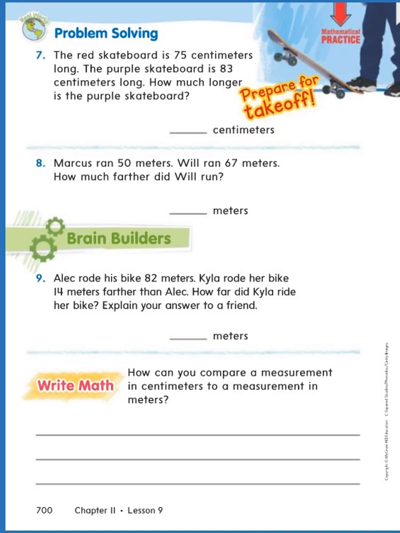And finally, write the math at the bottom: how can you compare a measurement in centimeters to a measurement in meters? I'm going to help you with this one. Before you ever do anything like that, you need to make sure that both measurements are using the same unit.